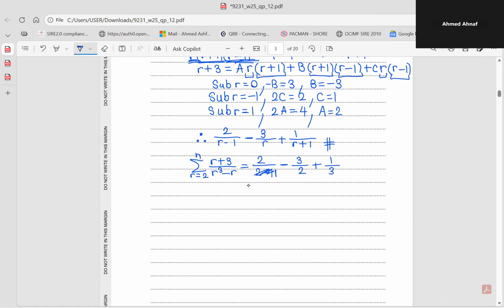Now we are going to complete the next set. So you put the plus sign and write down your next set, which is r equals 3. So this is 2 over 3 minus 1, that's 2, minus 3 over 3, plus 1 over 3 plus 1, just 1 over 4.